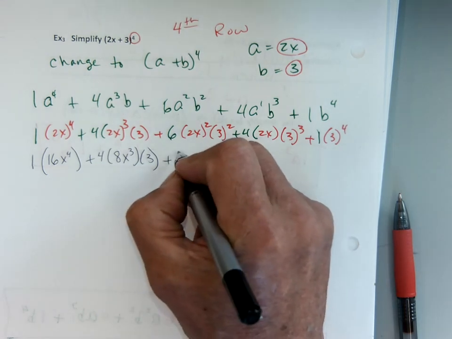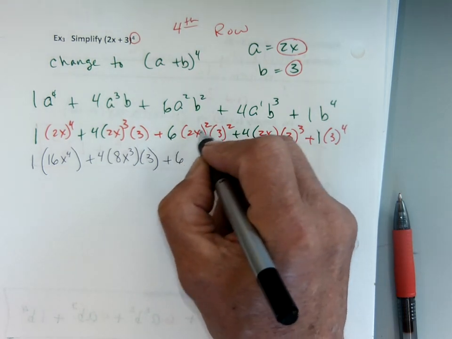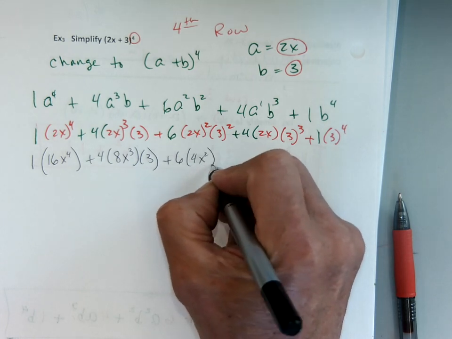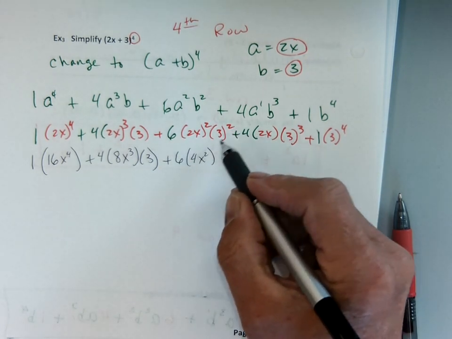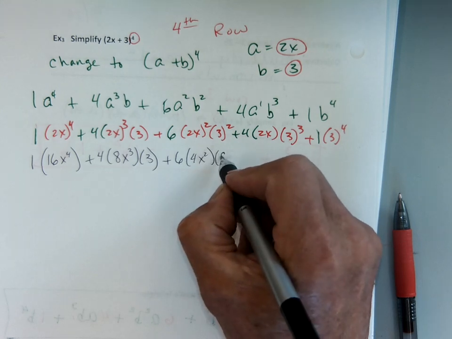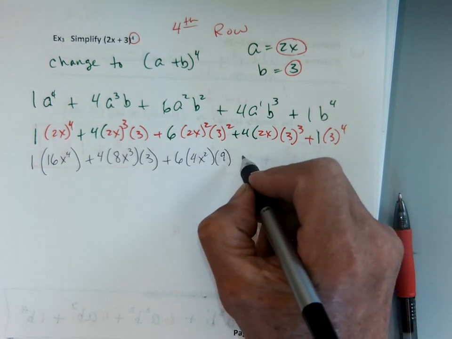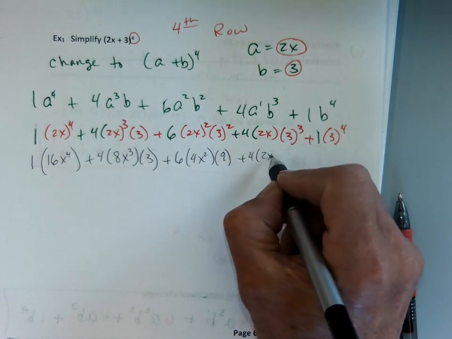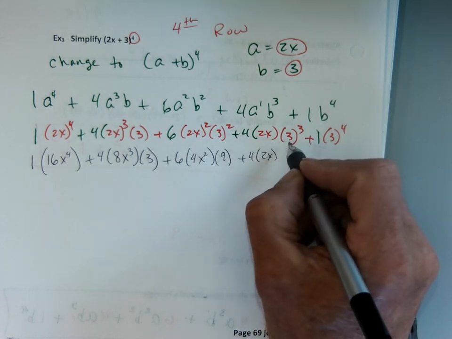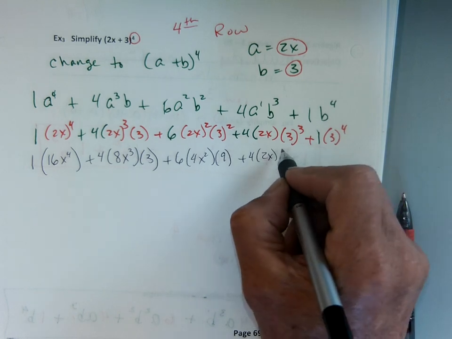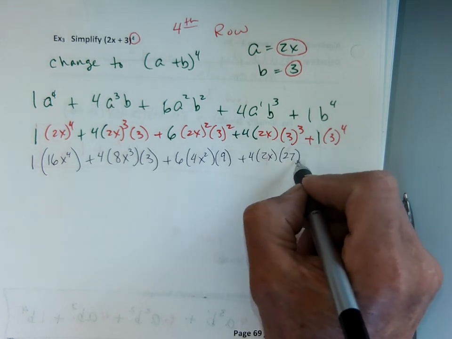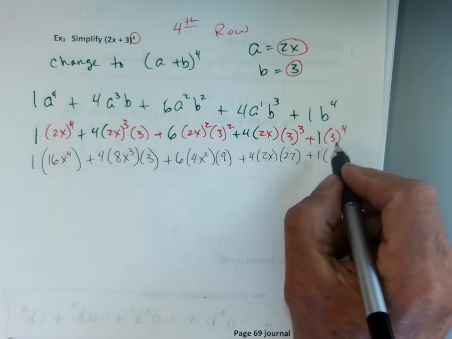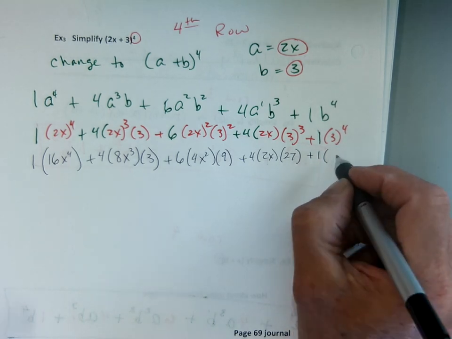Plus 6. 2 to the 2nd power is 4, so I get a 4x squared. 3 to the 2nd power, 3 times 3, is 9. Plus 4 times just 2x. 3 to the 3rd power is 3 times 3 times 3, which is 27. Plus 1 times 3 to the 4th power, which is 3 times 3 times 3 times 3, which is 81.